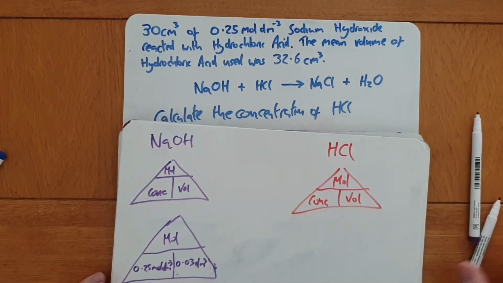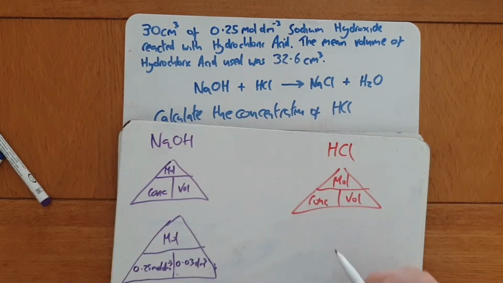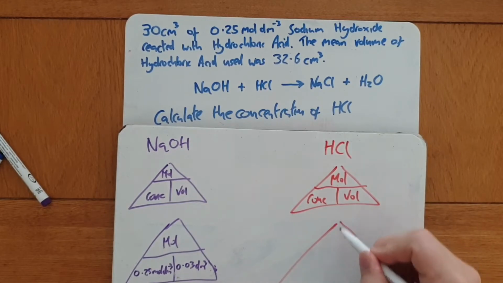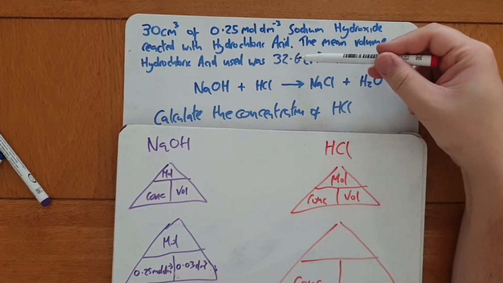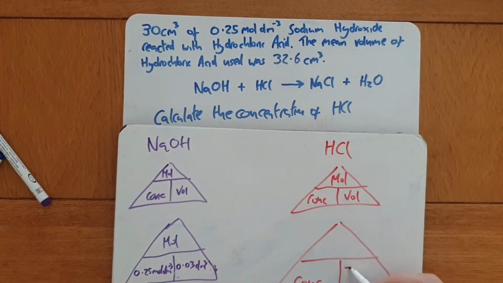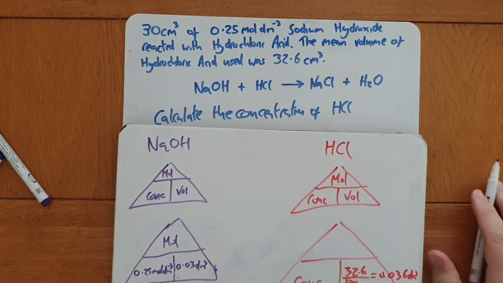Now we come over here to hydrochloric acid, fill in the triangle. We don't know the concentration. Well, the only thing they've told us in the question is the volume, 32.6, but it's in centimeters cubed, so we need to divide it by 1,000, and that is 0.0326 decimeters cubed.